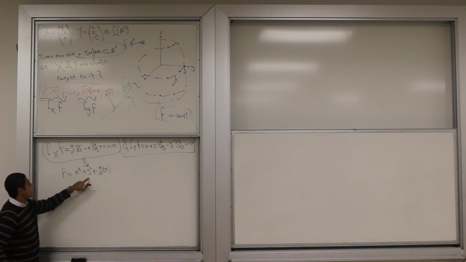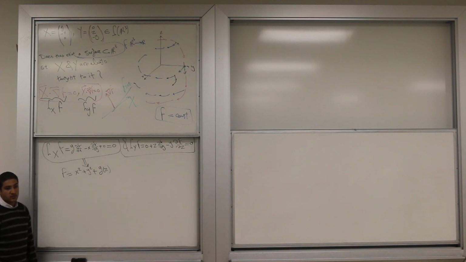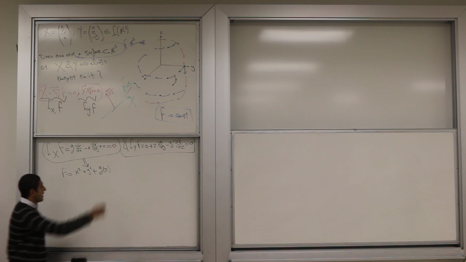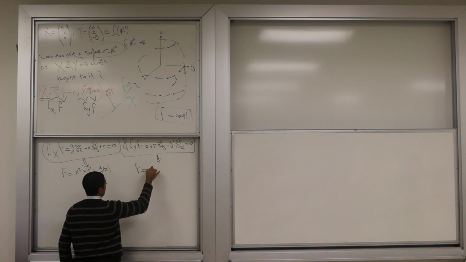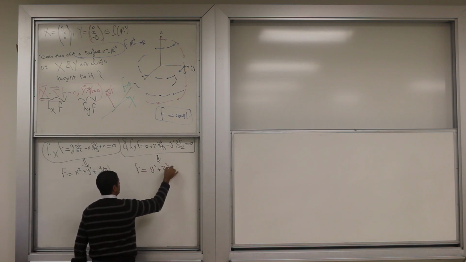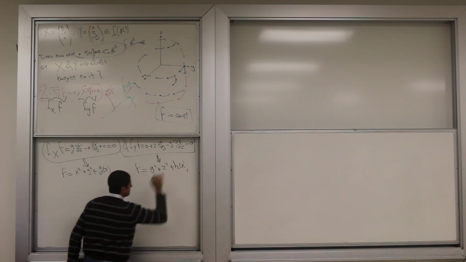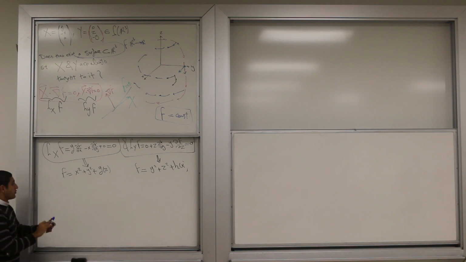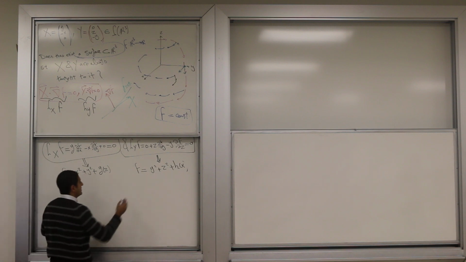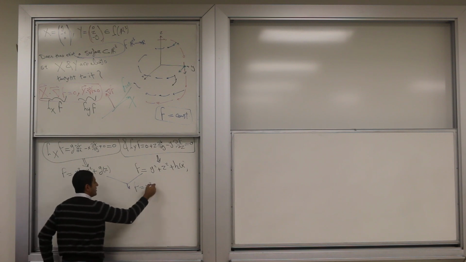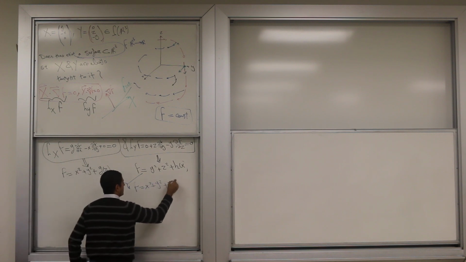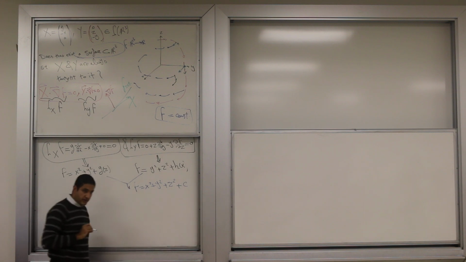Differentiate with respect to y, you get 2y, and then the 2xy terms will cancel each other. Okay? And from here, it's the exact same thing. f will be y squared plus z squared plus any function of x, right? And if you want to satisfy them simultaneously, then obviously your function will be x squared plus y squared plus z squared plus some constant, right?